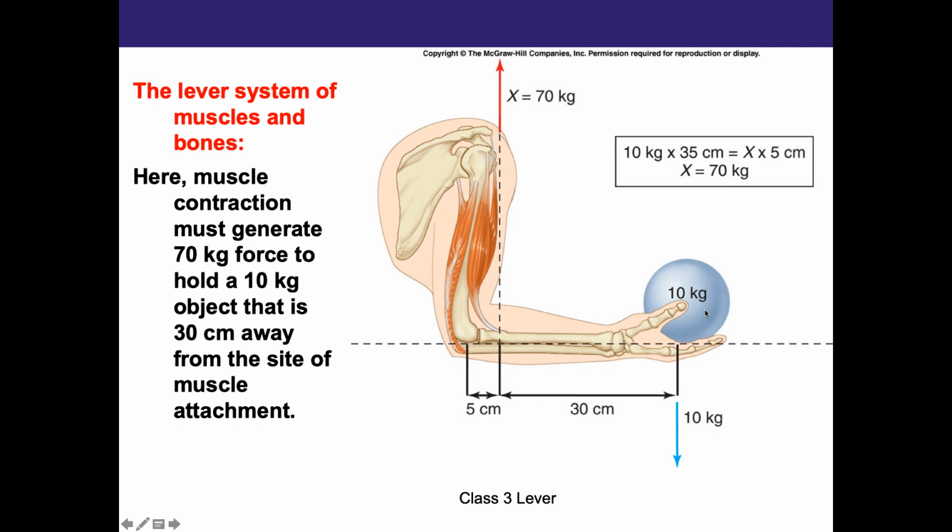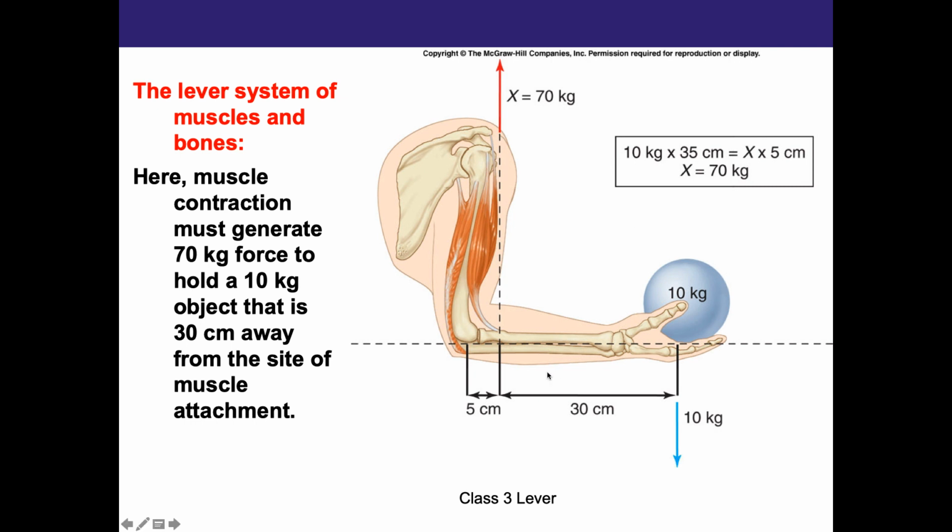So the question is, how much force has to be generated by those biceps in order to hold a 10 kilogram weight out from your body, making sure that this stays in a 90-degree angle? So the work terms are this.